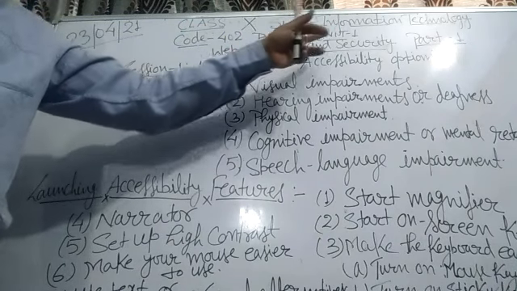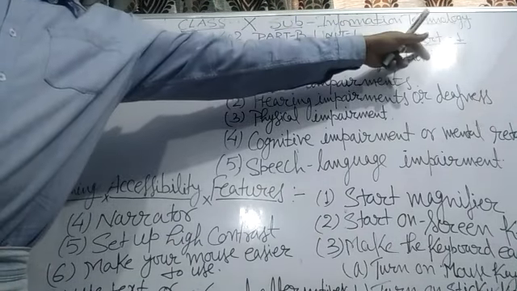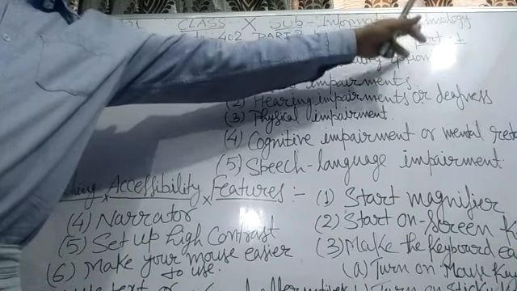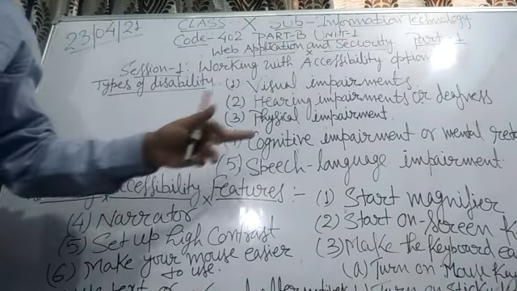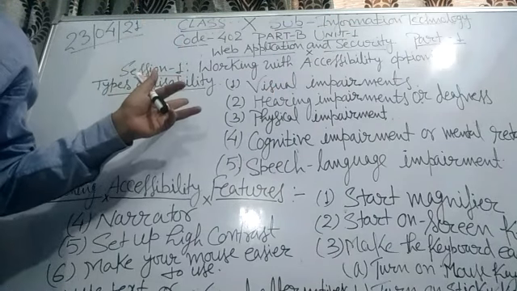Now, class 10th, subject Information Technology, code 402, part B, unit 1. Web application and security, part 1. I am going to start part 1 of web application and security.